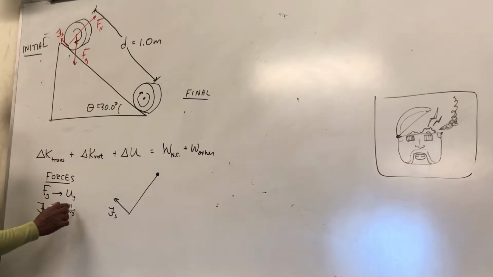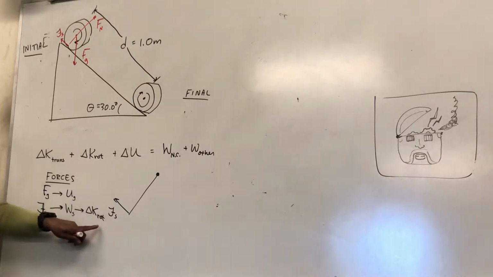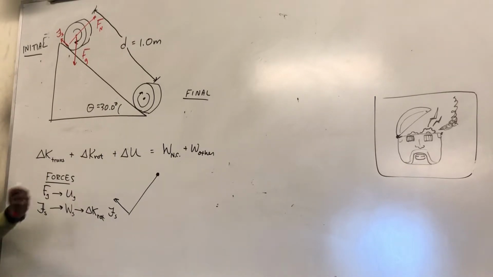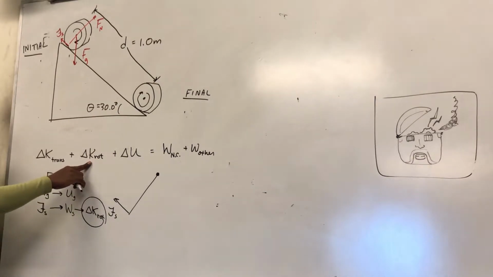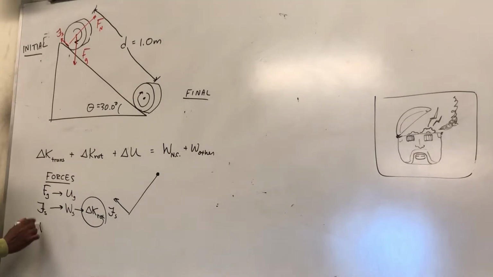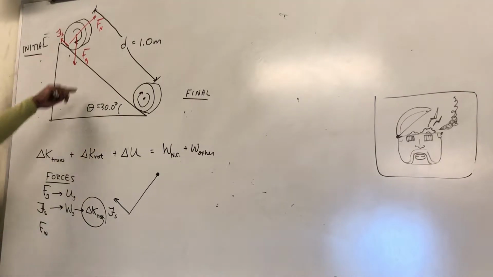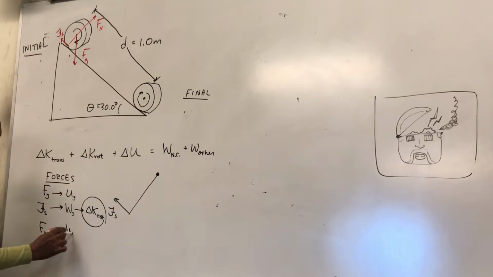Instead of finding the work done by static friction, that's already included in the change of rotational kinetic energy. So when you have things that are smoothly rolling, instead of work done by static friction, we're going to substitute rotational kinetic energy. And then the normal force is always perpendicular to the direction of travel, so the work done by the normal force is going to be 0.